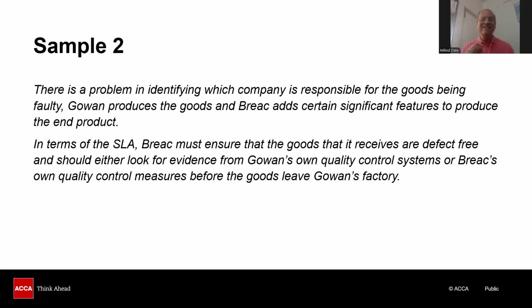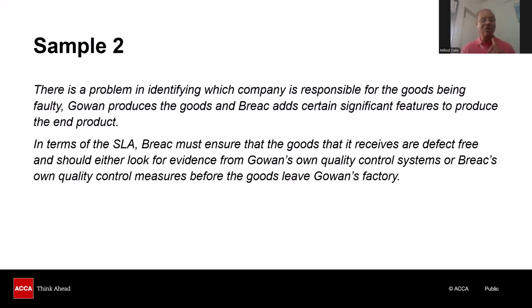Now, this is application of commercial acumen. This is application of your understanding of the situation and the correct way in which you could expand your previous paragraph. And this is where you may score 1 mark.